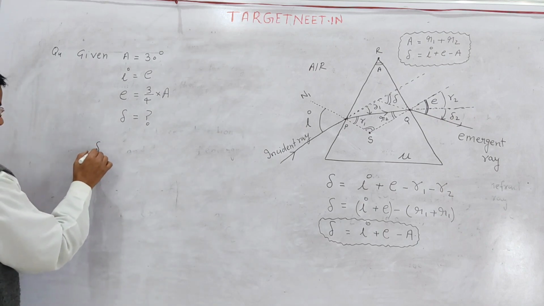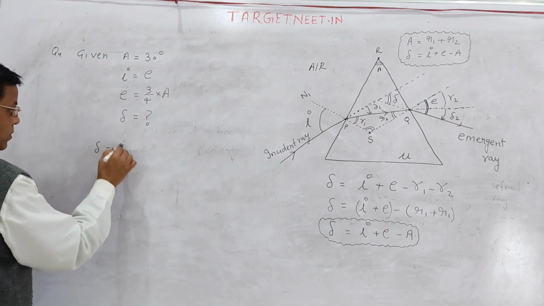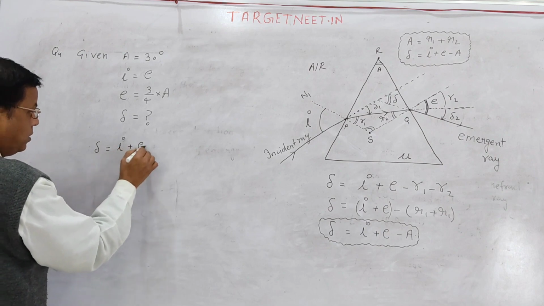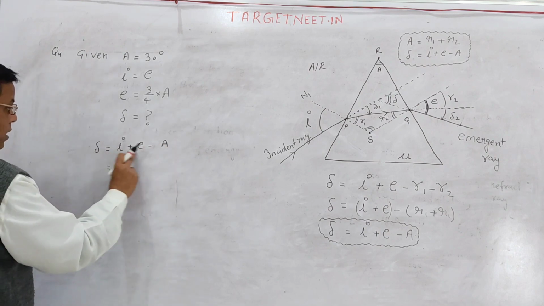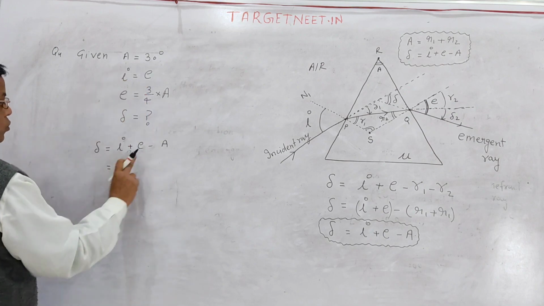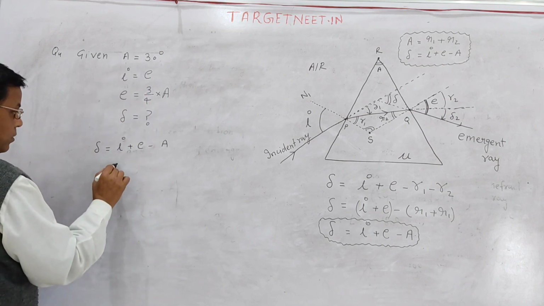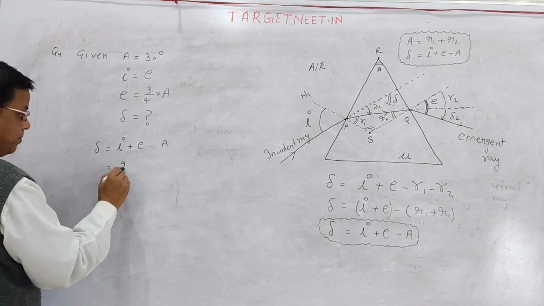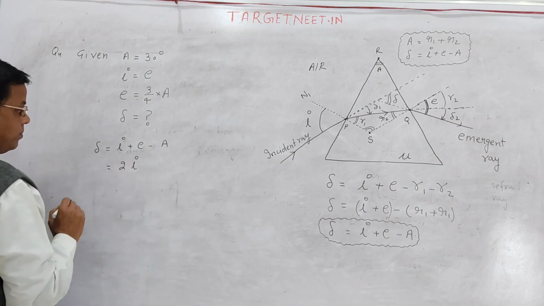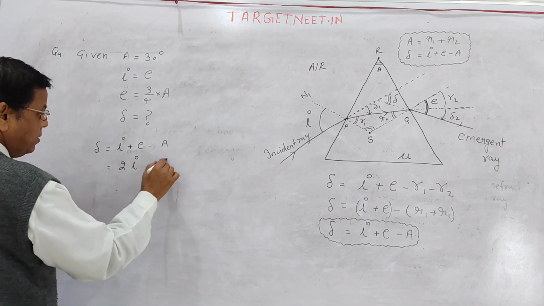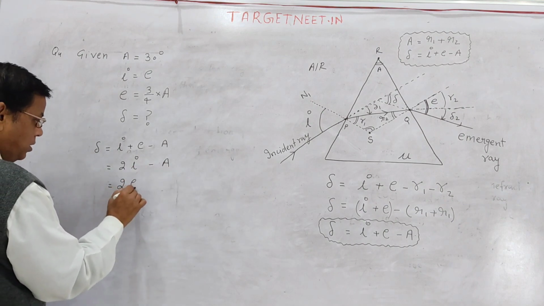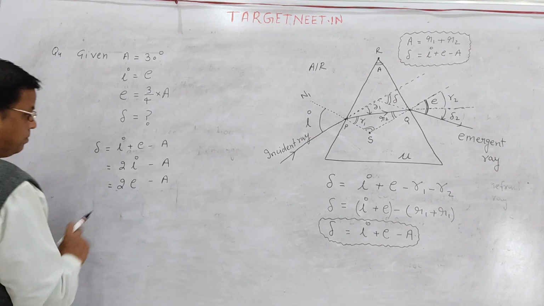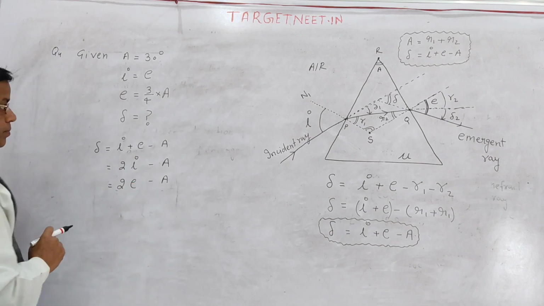So see, angle of deviation is equal to I plus E minus A. I and E both are equal, so here I am going to write I plus I, 2I minus A, or we can write it 2E minus A, because I and E both are equal.